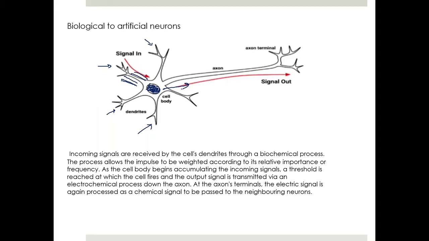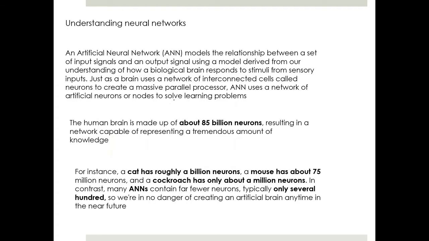Now the same idea is being replicated into the computer brains. You can say algorithms. And here we talk about that network as an artificial neural network, ANN. These are artificial neurons, right? And you're talking about a network between these artificial neurons. Hence it is called ANN.